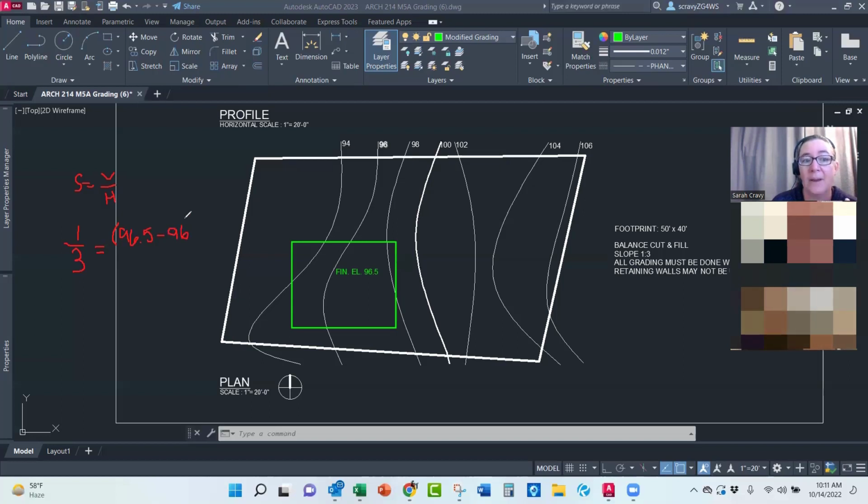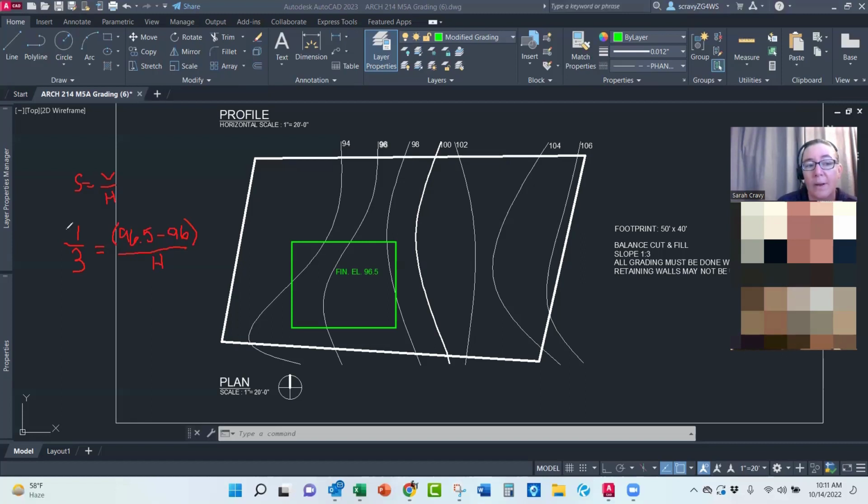We know that's half a foot. And that is over H, the horizontal distance we're trying to calculate. That keeps tripping me up. So if you need to calculate it, you use the formula and plug this in.